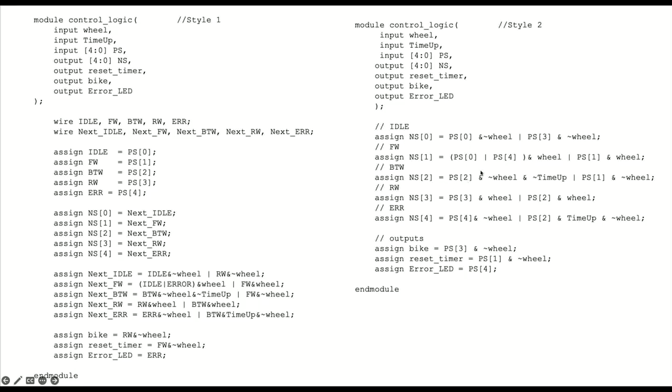Gee, I want to go to between wheel when I am in front wheel and I don't have a wheel and not time up, or if I'm in front wheel and I don't have a wheel. Okay, so that's one style.